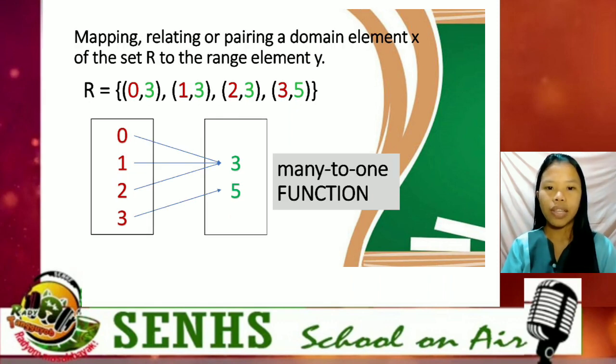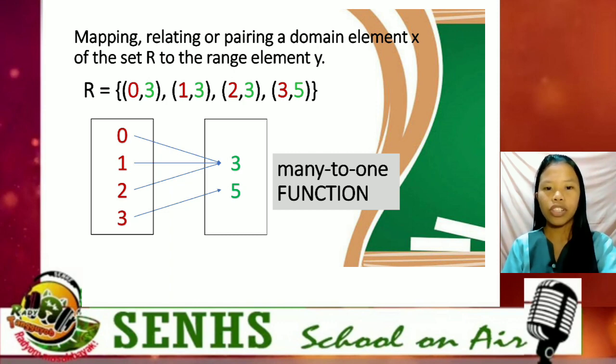Let's have another example. R is equal to the set of (0, 3), (1, 3), (2, 3), (3, 5). Again, we will first identify our domain and range. Our domain is in the red colored text, and our range is in the green colored text.